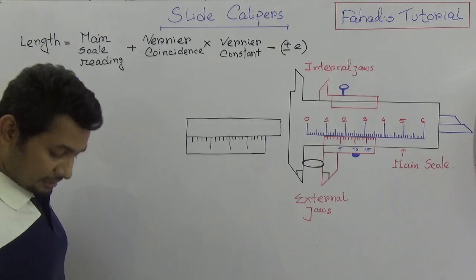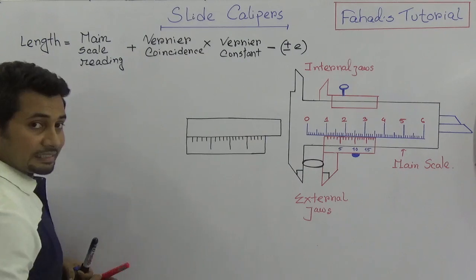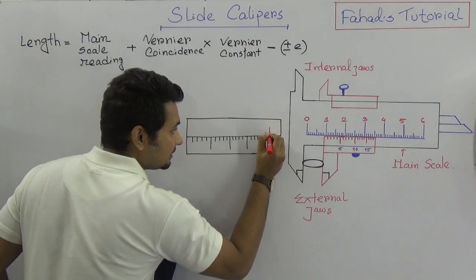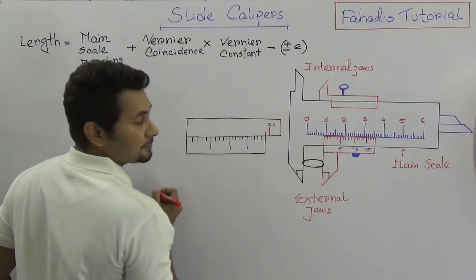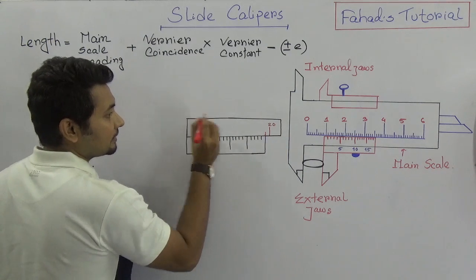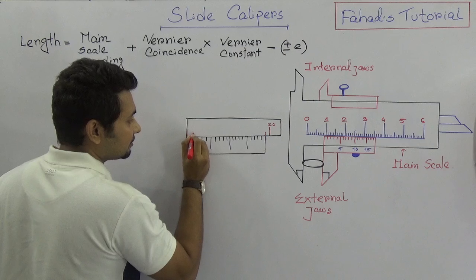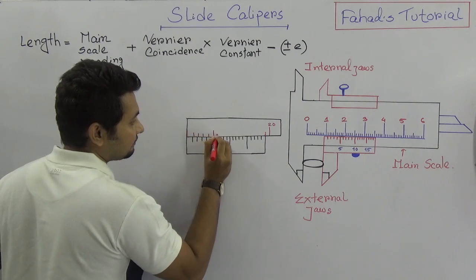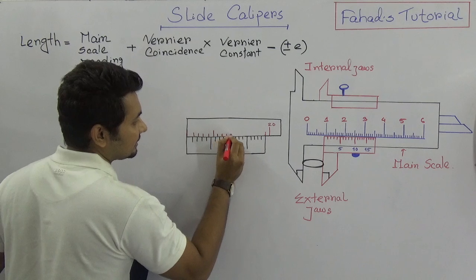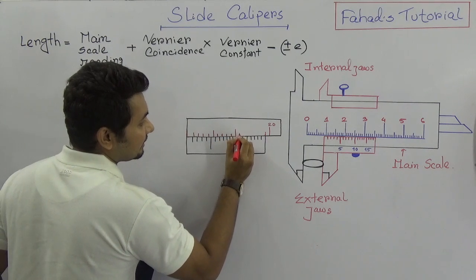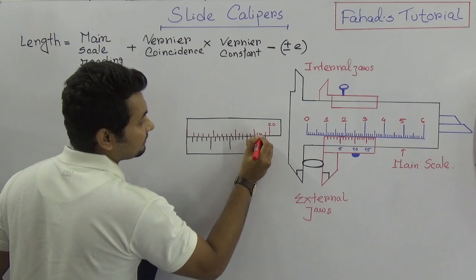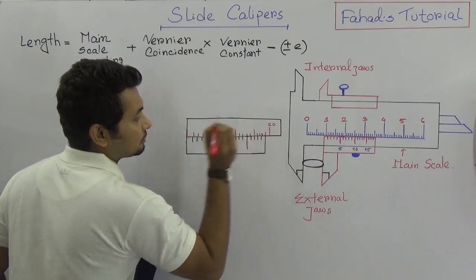I can show you simply: if this is the main scale, this should be the 19th, and if it is 0, this should be the 20th, counting 1, 2, 3, up to 19 and 20.